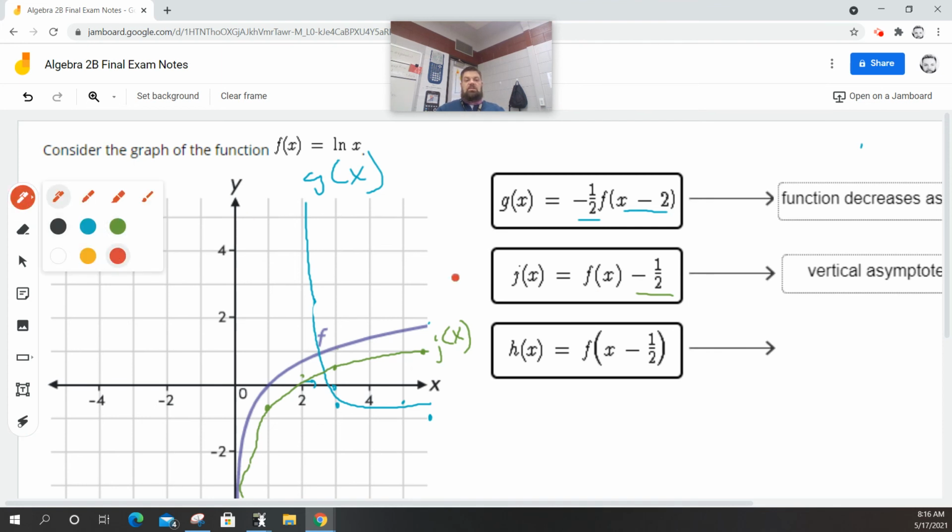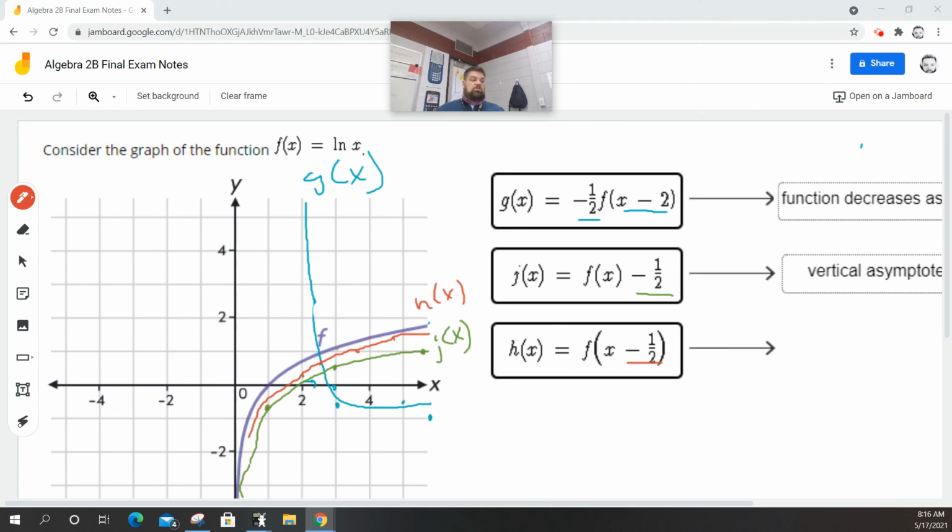H of x, we'll do that in red, is going to be shifted to the right 1/2. So it's going to be basically f of x, but this point is going to be here. This point is going to be here. This point is going to be here. So it's going to look like this. And it's very similar, but that's h of x.